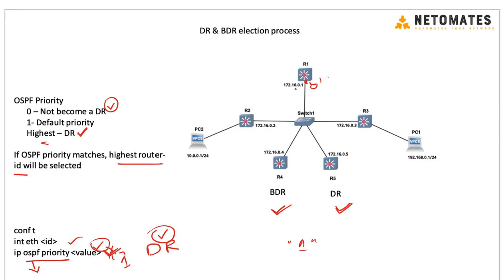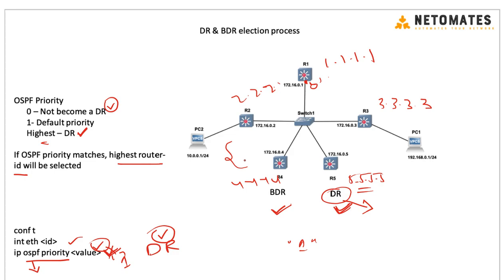The router with the highest router ID value will be selected as the DR. For example, if you give router IDs 1.1.1.1, 2.2.2.2, 3.3.3.3, 4.4.4.4 and 5.5.5.5, the highest router ID is this one, and since we didn't configure any OSPF priority value, all have the default value of 1. This is how the DR and BDR election happens in the OSPF network.